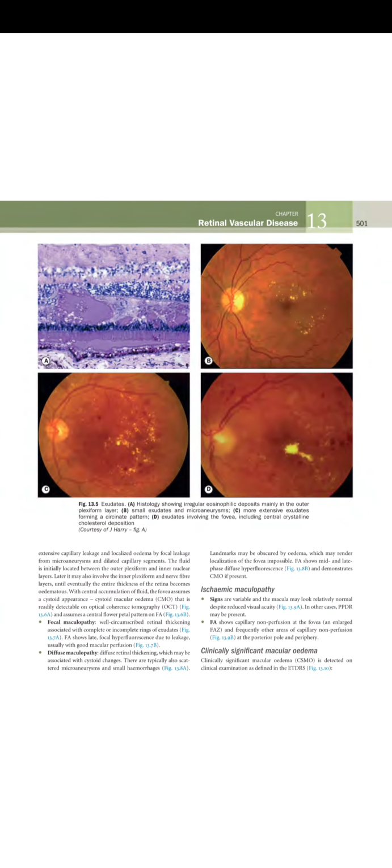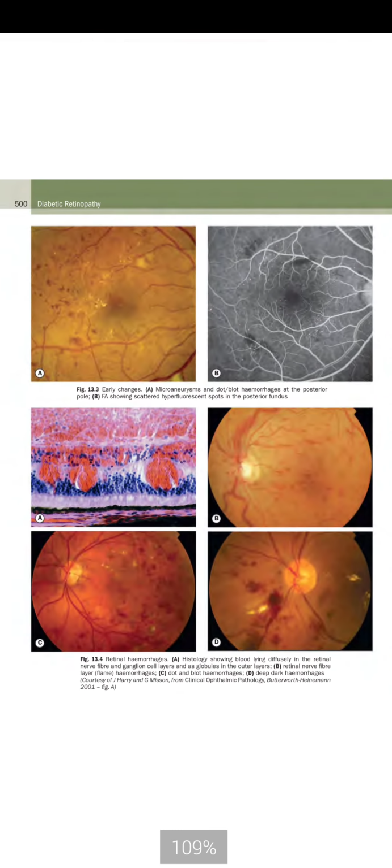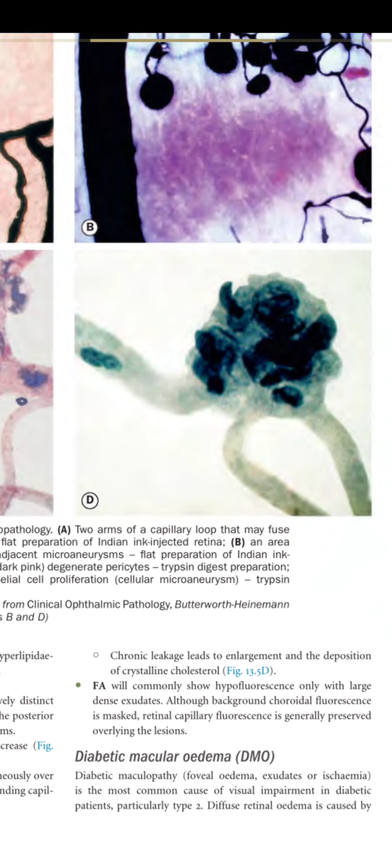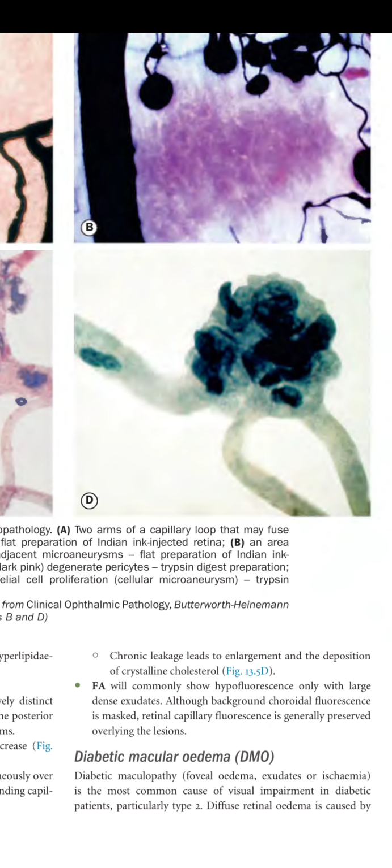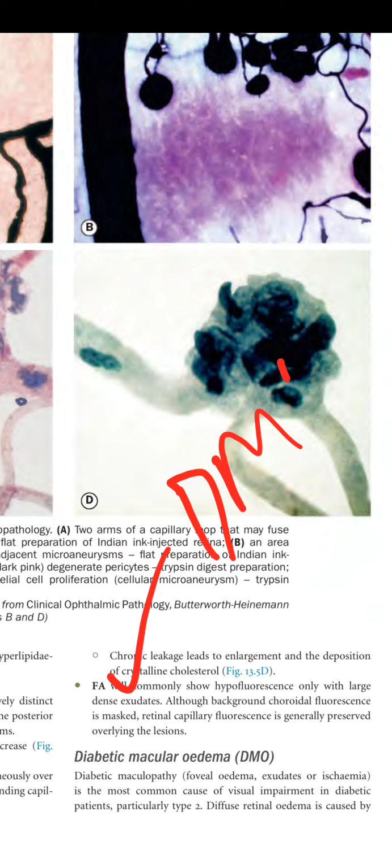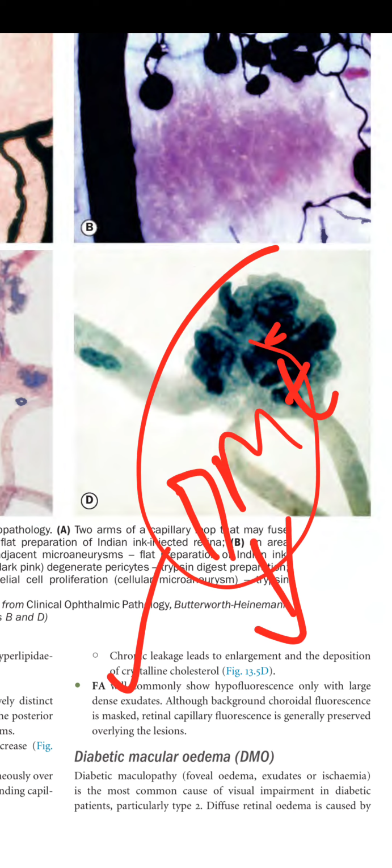So next is diabetic macular edema. Diabetic maculopathy, or foveal edema, exudate or ischemia, is the most common cause of visual impairment in a diabetic patient, particularly type 2 diabetes. So when there is diabetic macular edema, there is going to be visual deficit.